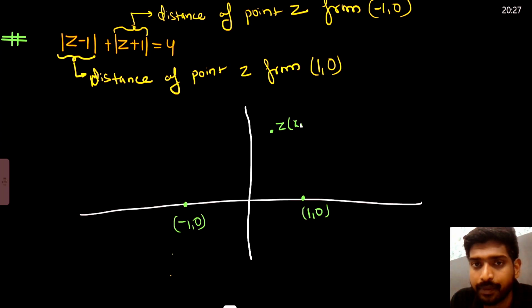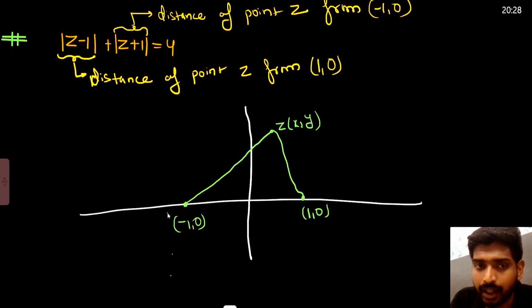Let z coordinate be x comma y, or x plus iota y. So the distance of this point z from the point minus 1 comma 0, and the distance of this point z from the point 1 comma 0. Let these points be a and b, and this point you take as p, which represents the complex number z. Got it? So what they have given?